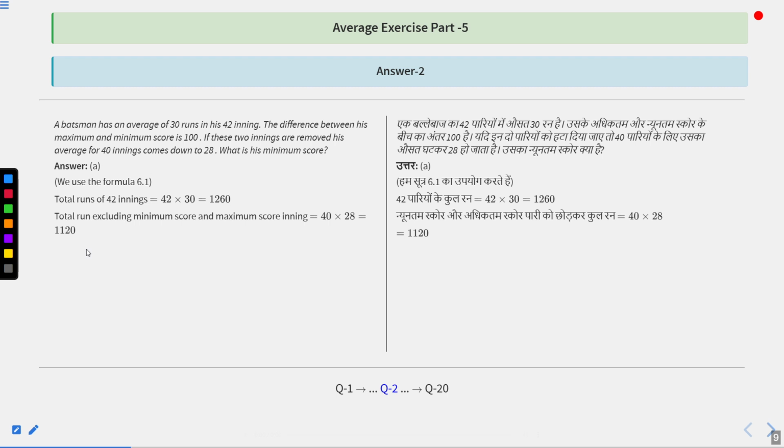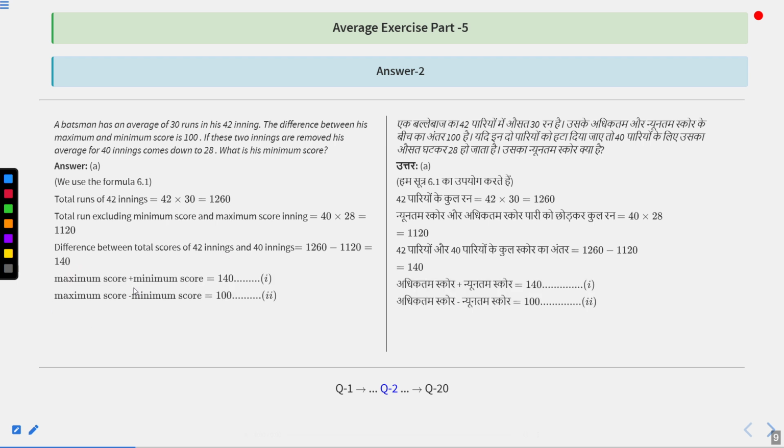Total runs excluding these two scores will be 40 into 28, so it will be 1120. Clear? The difference between the total score of 42 innings and 40 innings, 1260 minus 1120, is 140. So the sum of maximum and minimum score is 140.